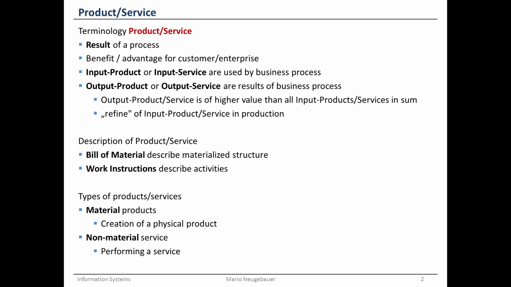Also important in your product or service view are your work instructions, the activities which lead to the final product. If you look at products or services which are performed or produced by your company, then you can have products which really materialize, which you can touch, which are physical products.